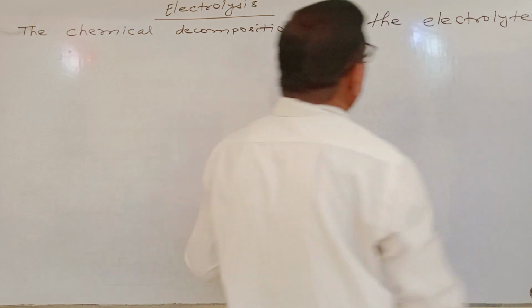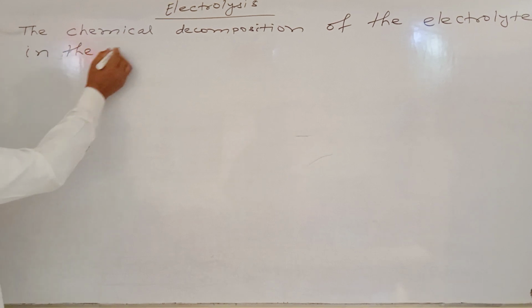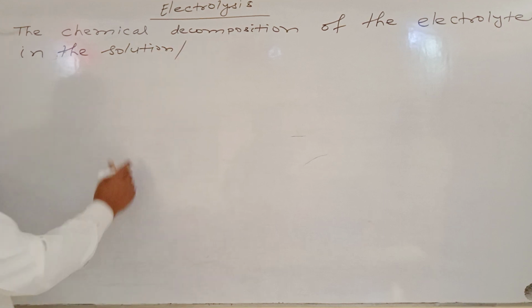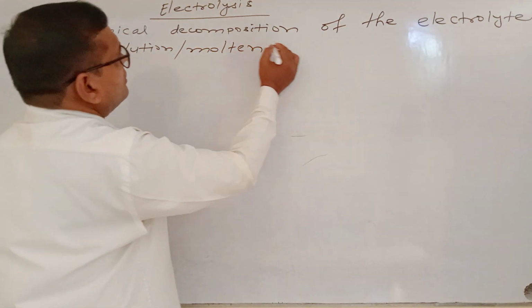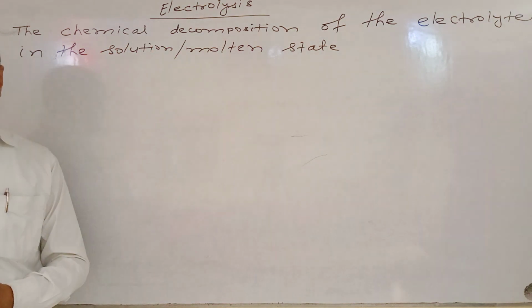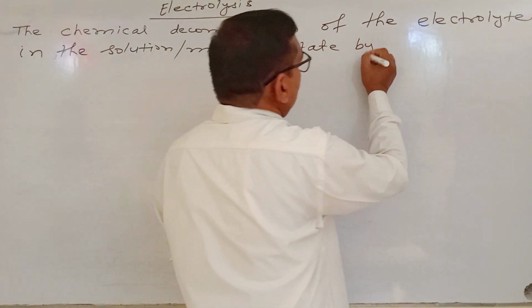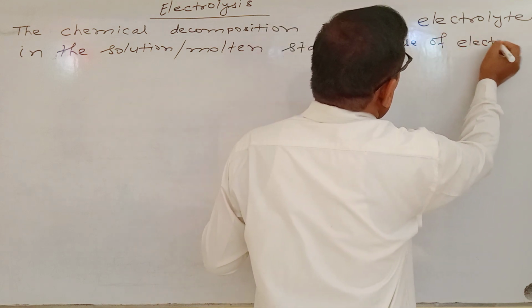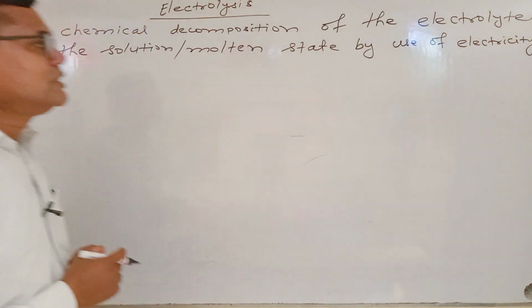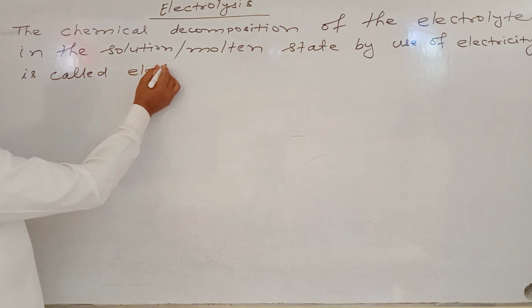We write the chemical decomposition of the electrolyte in the solution or molten state by use of electricity is called electrolysis.